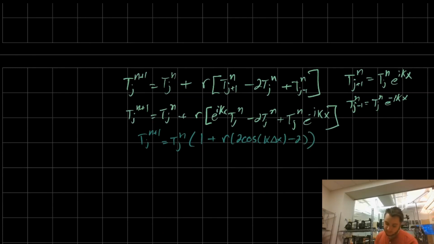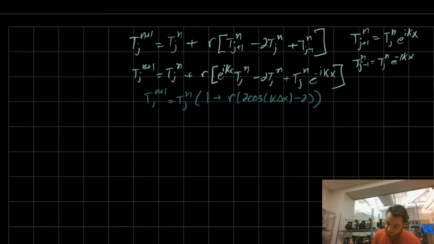Wow. So, what does that mean for us? Well, firstly, we can factor out a 2 in here. So 1 plus 2r times cosine of k delta x minus 1.